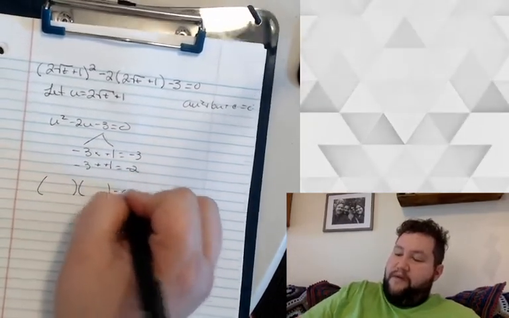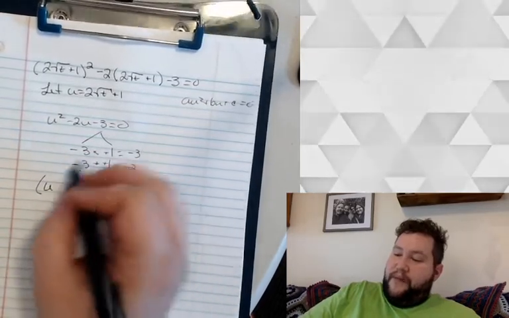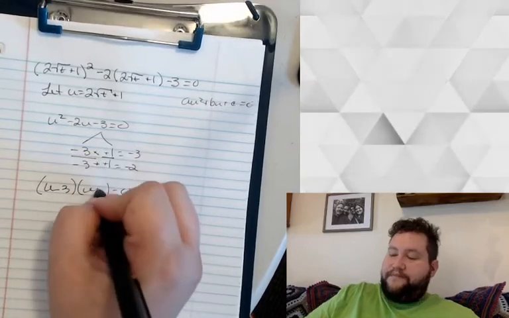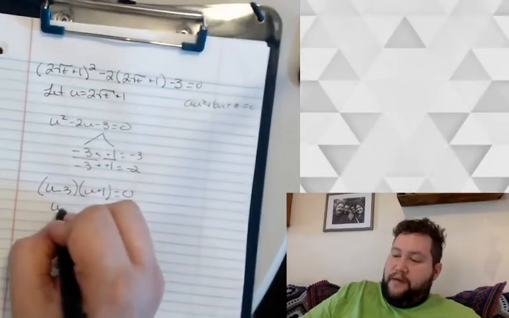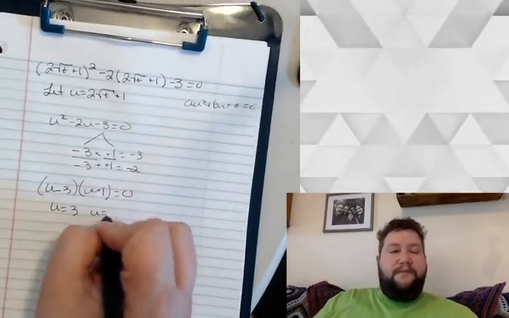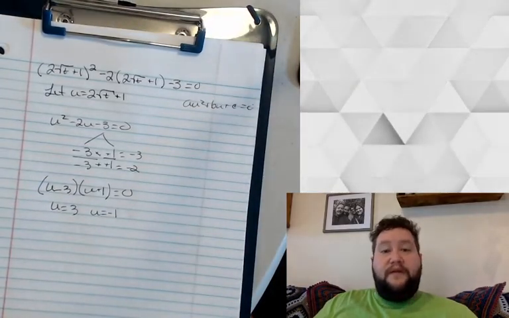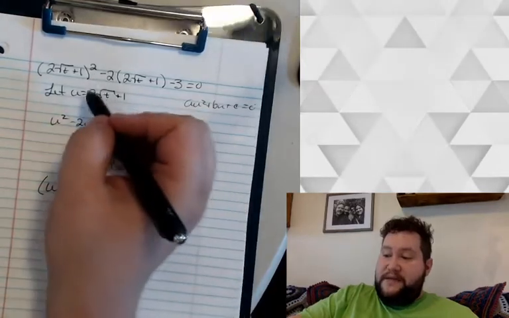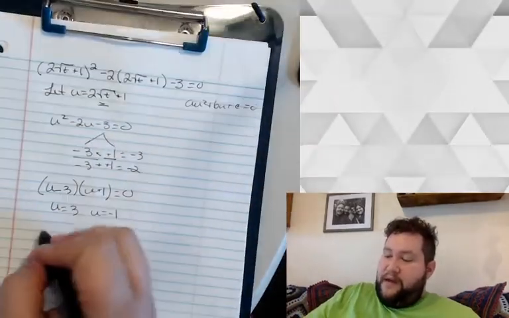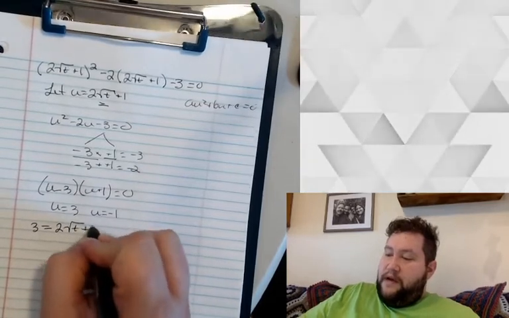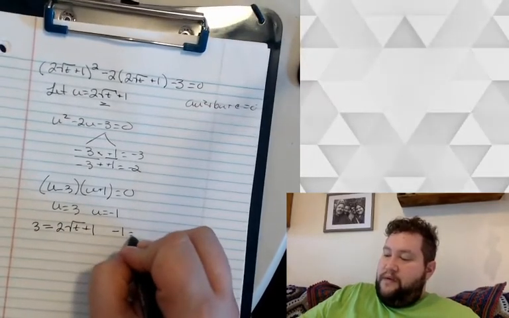So we have u minus 3, u plus 1, u equals 3, u equals negative 1. But again, we need to solve for our variable, which in this case was t. So we have 3 equals 2 root t plus 1, or negative 1 equals 2 root t plus 1.